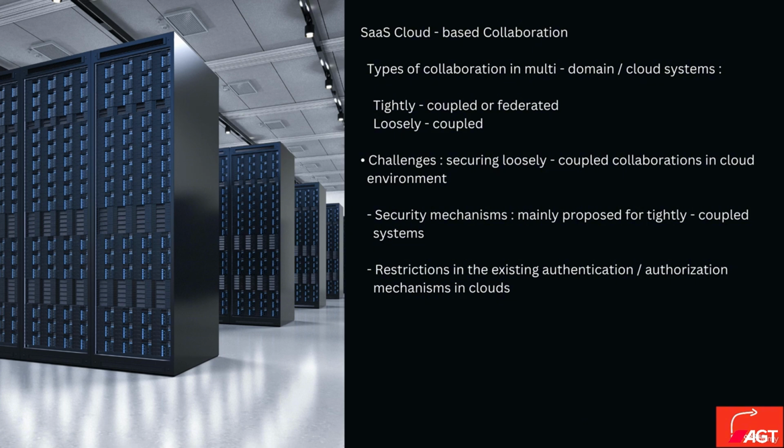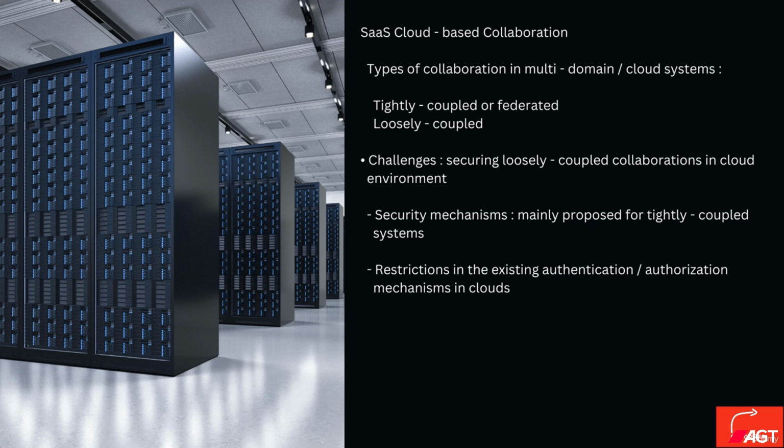The two types of collaboration in multi-domain cloud systems are mentioned in the first bullet point: tightly coupled and federated collaborations and loosely coupled collaborations. Whereas loosely coupled collaborations are more adaptable and permit greater freedom between the participating domains or clouds, tightly coupled collaborations include tighter integration between the participating domains or clouds.